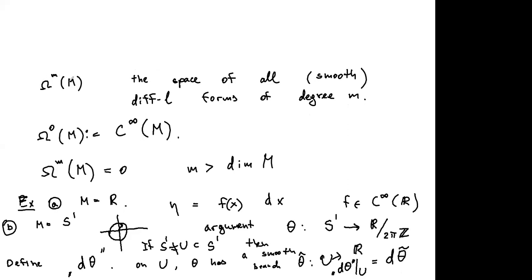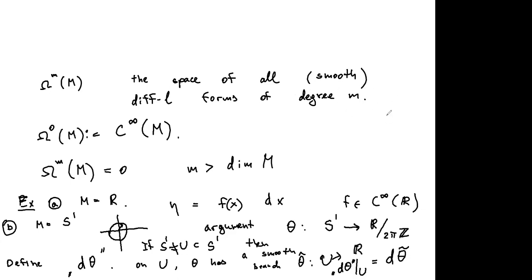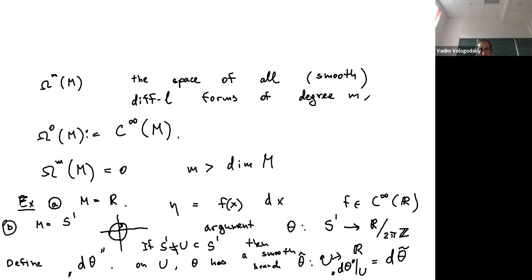So omega of the manifold M is the space of all forms. If you think in terms of vector bundles, you probably see that this is the space of all smooth sections of the vector bundle. But I plan to review and explain this interpretation in terms of vector bundles later.